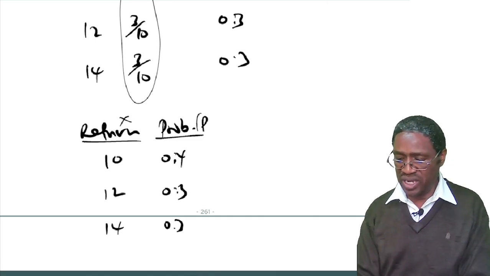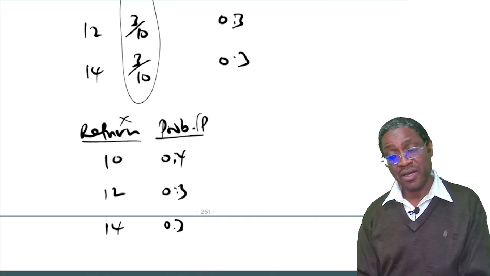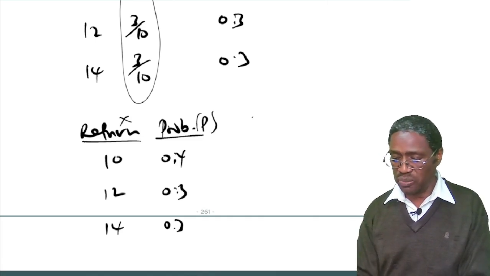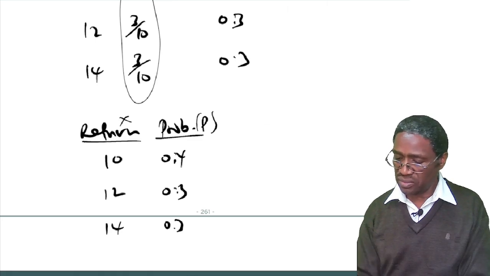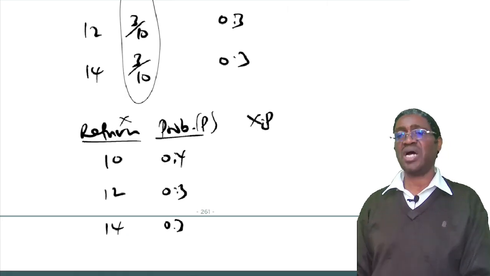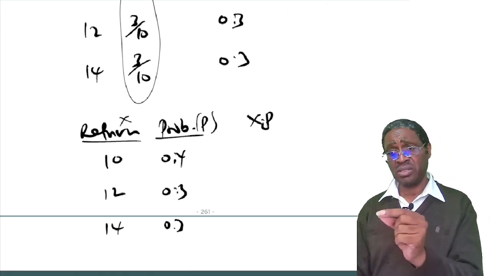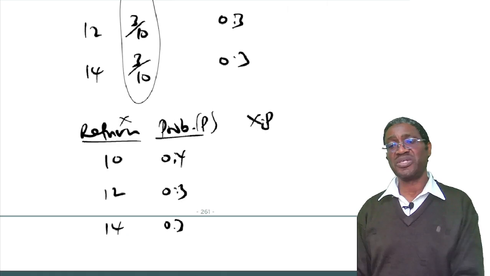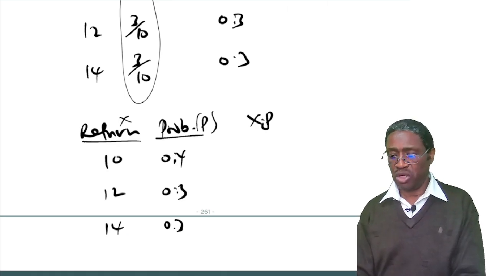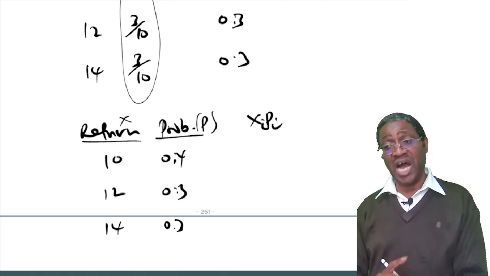This is probability, let me represent it by P. What you will do is multiply X by P. Let me use Xi to represent each return, multiplied by each probability Pi. Okay?